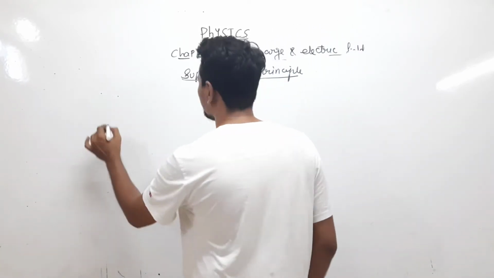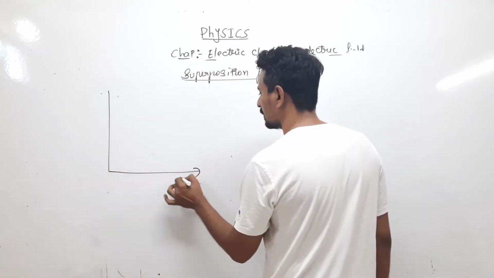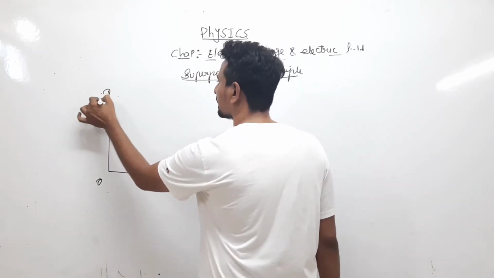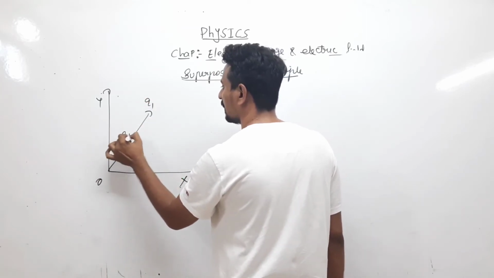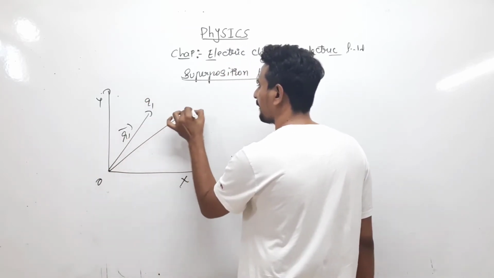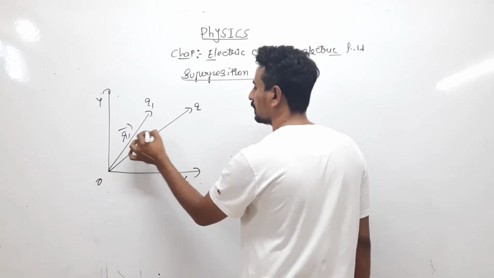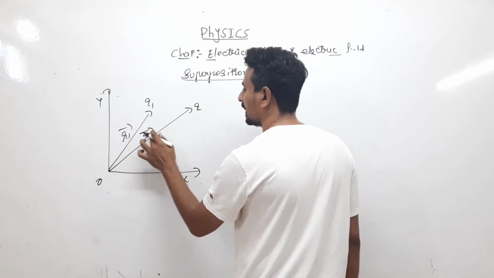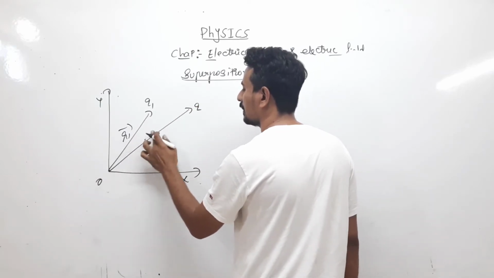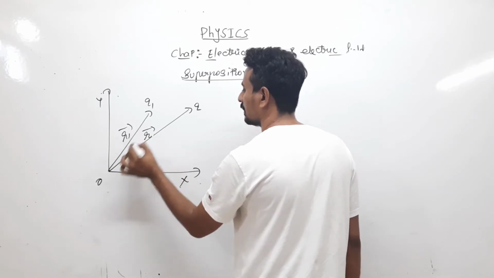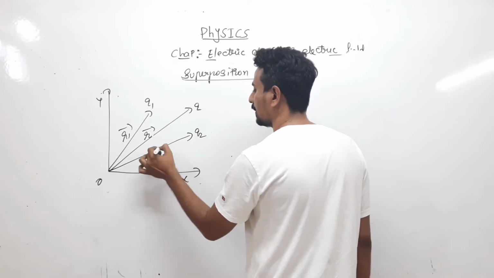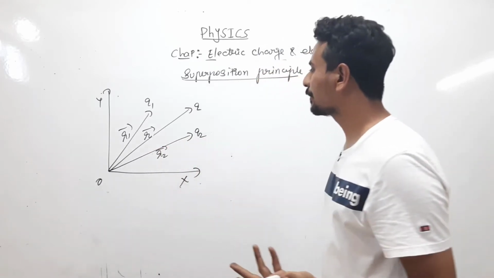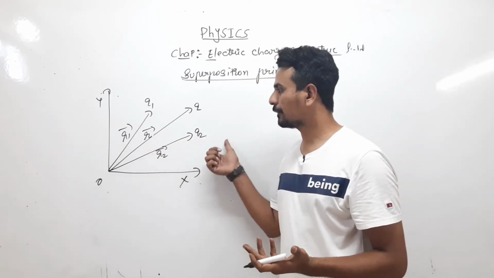Let us take 4 charges, or you can take 3 charges, no problem. Let us take 3 charges, Q1 with position vector r1, and Q2 with position vector r2. You can take any number of charges, Q3, Q4, Q5.